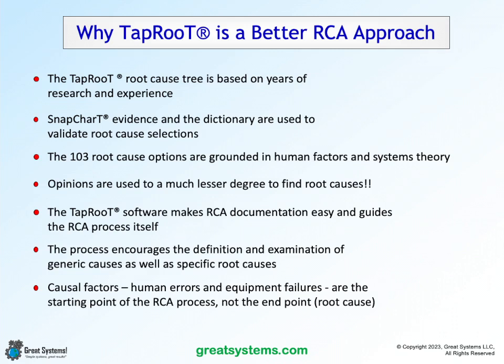With TapRooT, you're working from a defined list of possible root causes for human performance problems and a similar list, but smaller, for equipment challenges. And you use evidence from your problem analysis and investigation efforts to help select your root causes. So it leads you to a very different result.